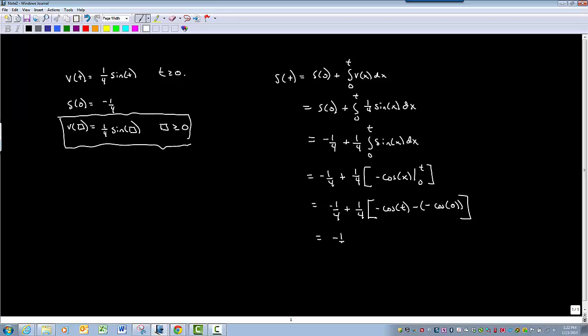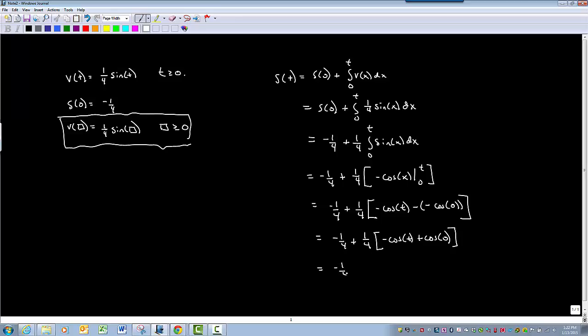So this would be equal to negative 1/4 plus 1/4 times negative cosine t plus cosine 0, like that.